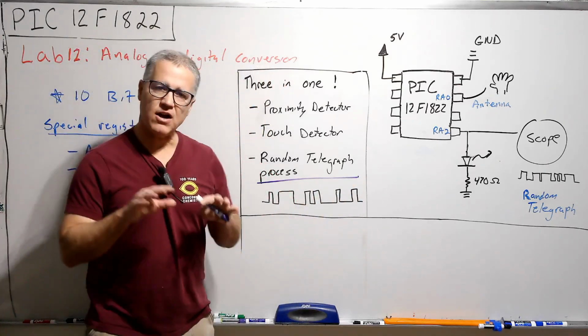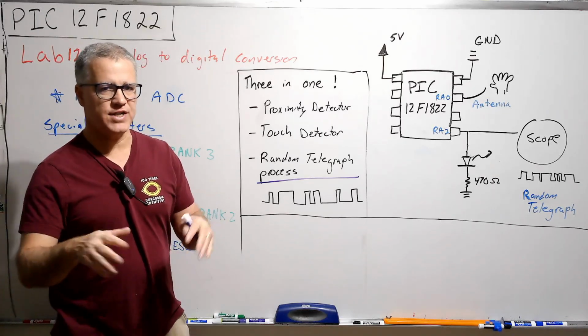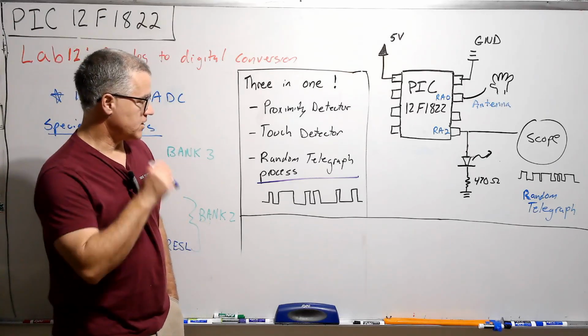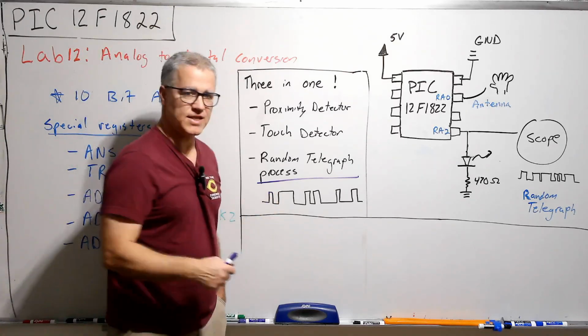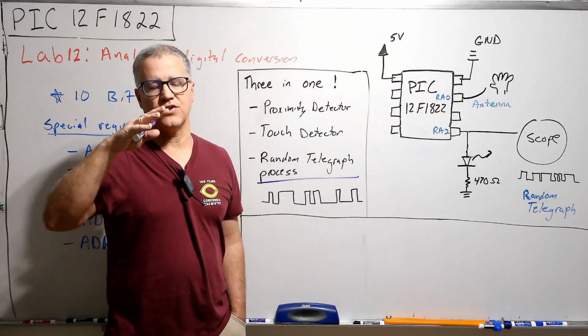And if you aren't familiar with a random telegraph process, no worries, it's not something you need to know here, all of the physics and mathematics behind it. But basically what's happening is that you have just a random toggling between 1 and 0.